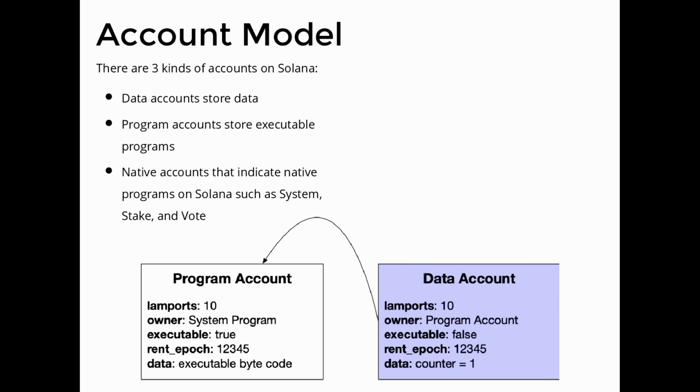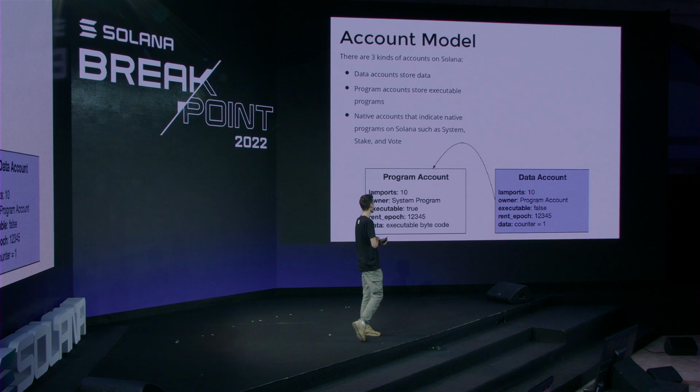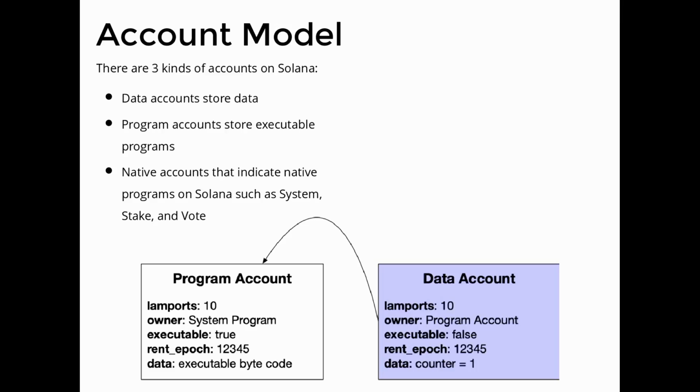So on the Solana blockchain, we have three kinds of accounts. The first one is the data accounts that will store all the data that you need to run your programs. The other type of accounts that we have is the program account that will store the executable code.